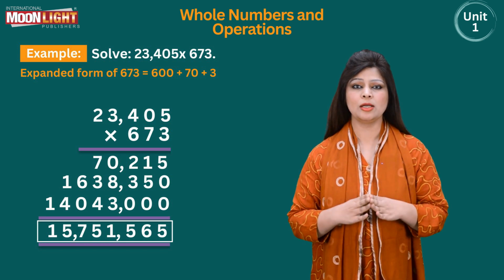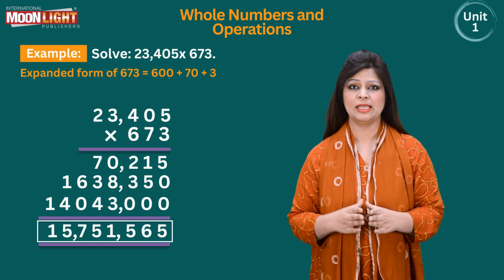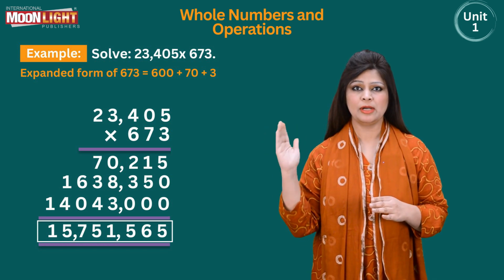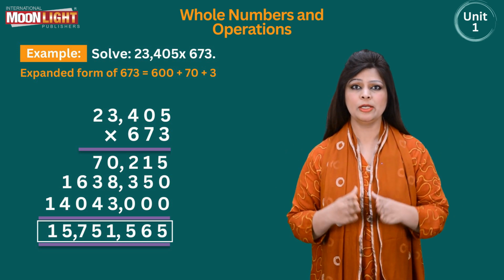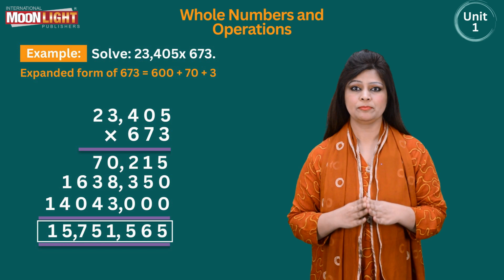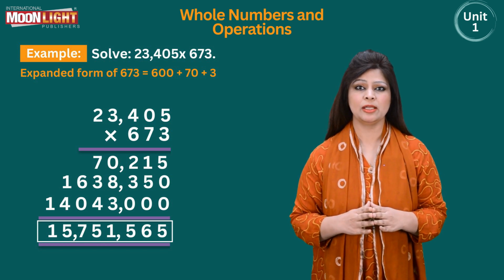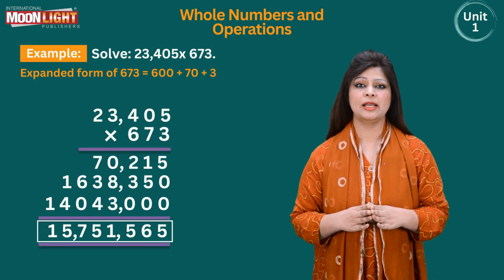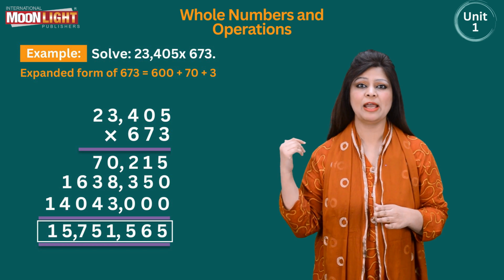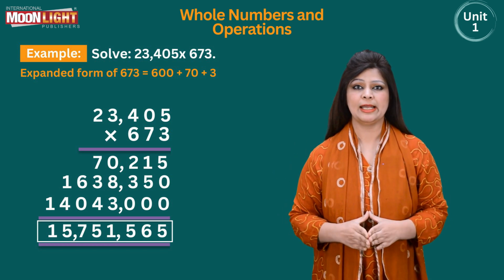We need to start counting from the digit ones, or you can say from your right hand side to your left hand side. So according to this, the number will be 15,751,565. So this is your final answer.